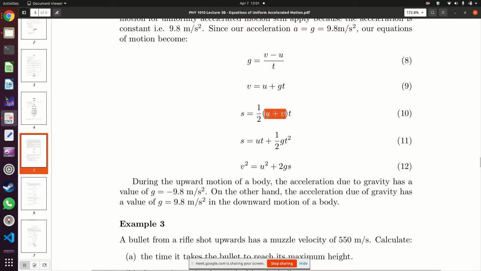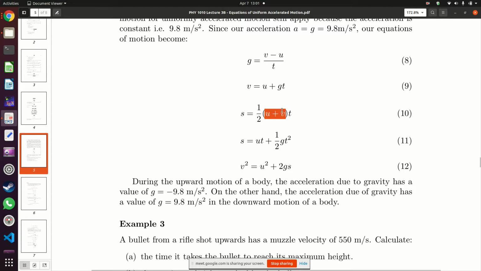Our initial is 550 plus our final velocity is 0 meters per second. So that is 550 plus 0 is 550. Then divide by 2, that gives us, I think, 225. Then 225 times 56.1, that should give us the same thing.